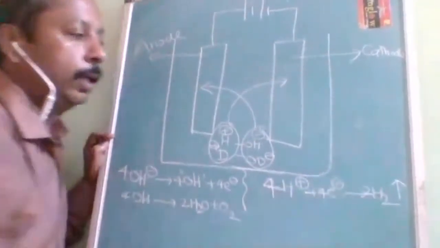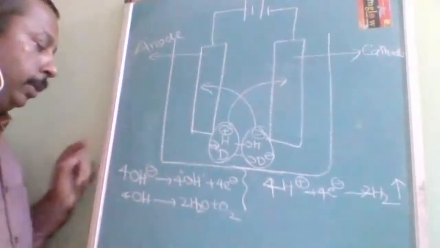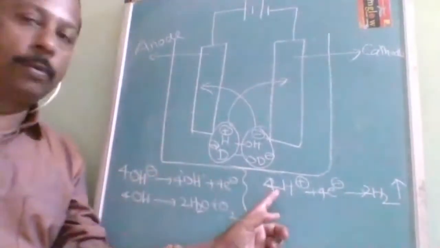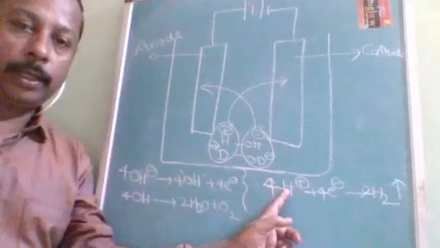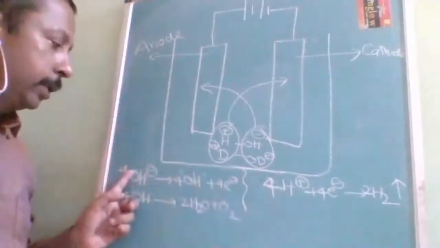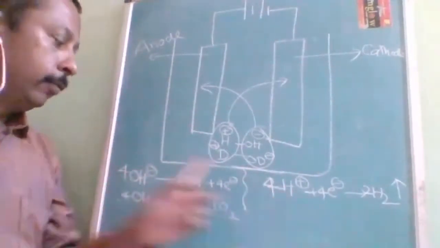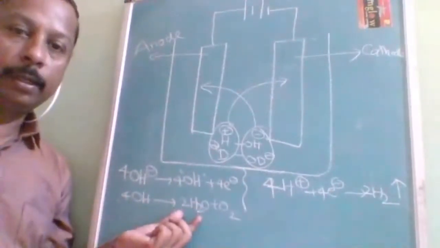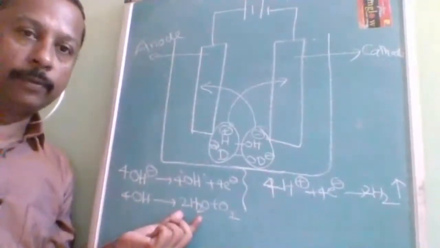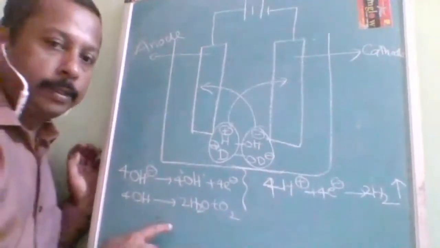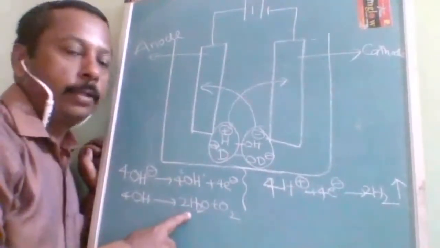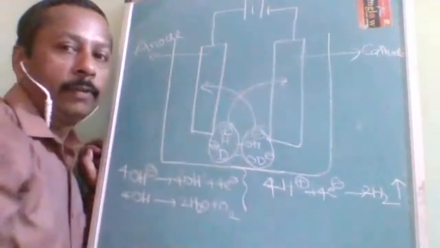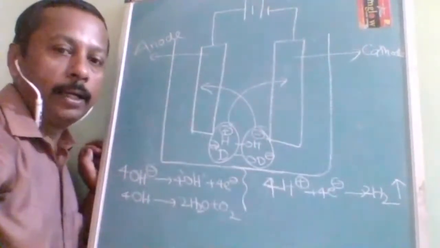So 4 OH and 4 H plus means 4 water molecules reacted, but finally how much are we getting? Only 2 water molecules are left over. That means 50% of water evaporated in the form of oxygen and hydrogen.